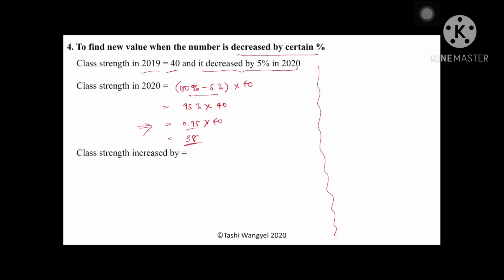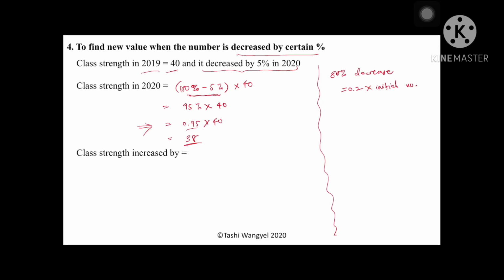For an 80% decrease, 100 minus 80 is 20, so it is 0.2 into the initial number.